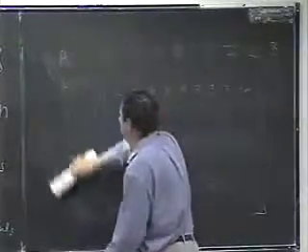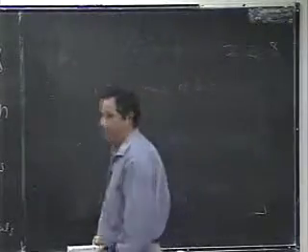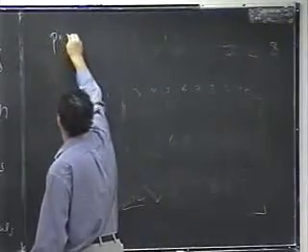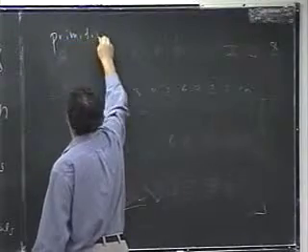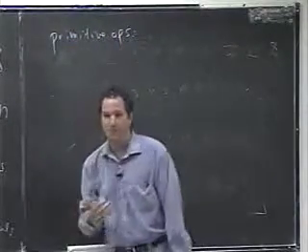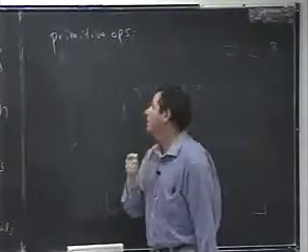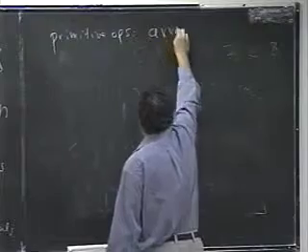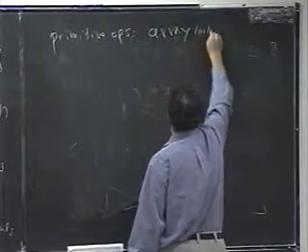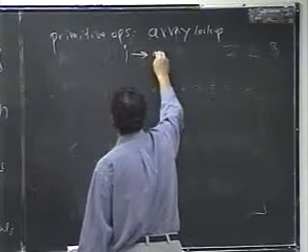Well, maybe before I ask what its running time is, what's the primitive operation? Or what are the primitive operations? What are the fundamental things that this algorithm is doing? Array lookup. Okay, array lookup, which means really it's taking an integer as an address.